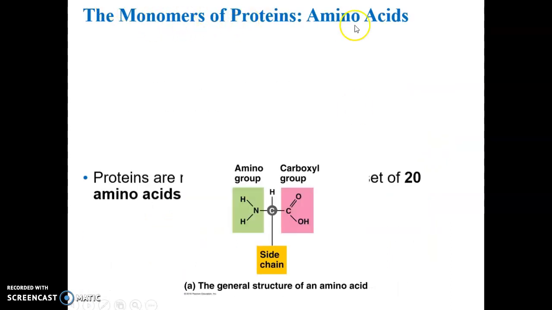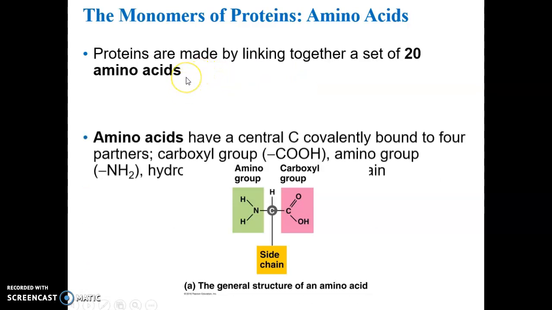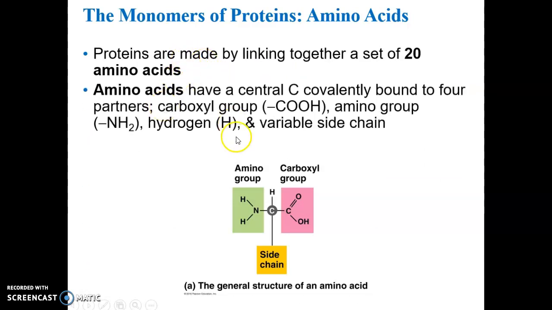So the monomers, they're amino acids. There are a total of 20 amino acids that are used to make proteins in humans. Amino acids, the monomer of proteins, have a central carbon that's covalently bound to 4 groups.